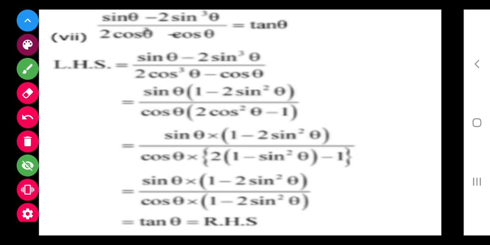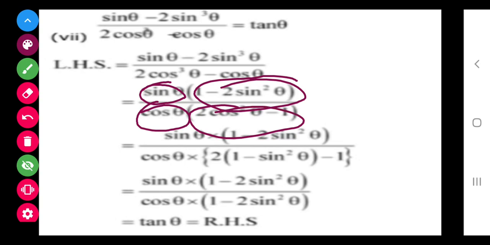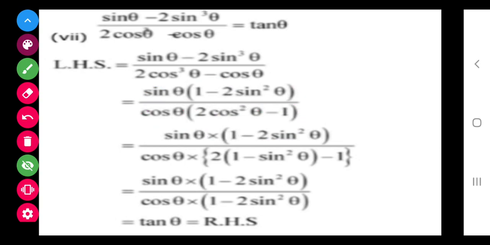So again now you can see sine theta from the numerator and cos theta from the denominator. Now these two terms are left. If we see, this is only tan theta, sin theta upon cos theta is tan theta, which means it should get cancelled, but it will only be cancelled when it is sin theta cos theta or sin theta.